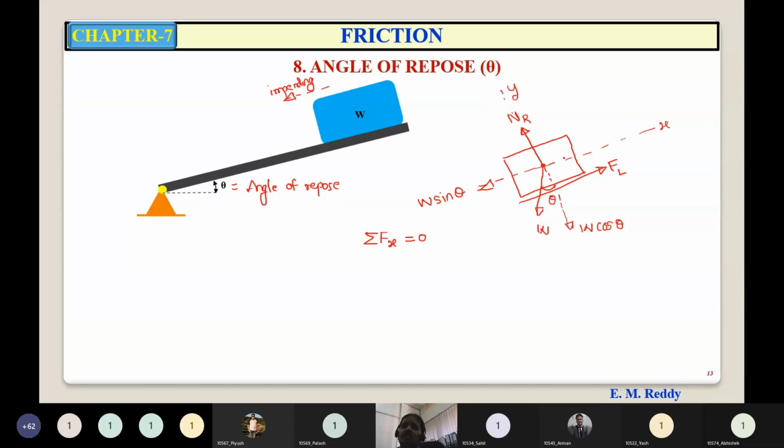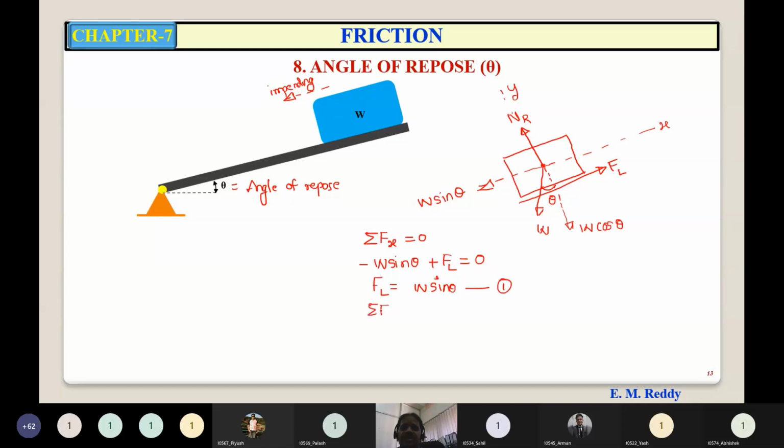So taking towards right positive, left negative, we have minus W sin theta plus FL is equal to 0. So FL is equal to W sin theta. Say equation 1.